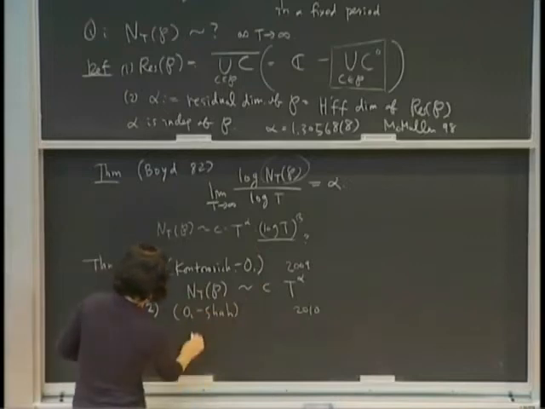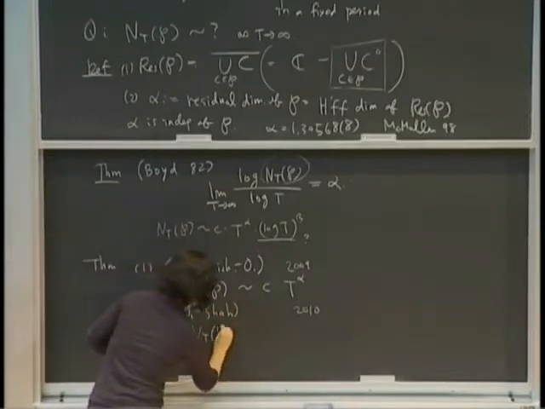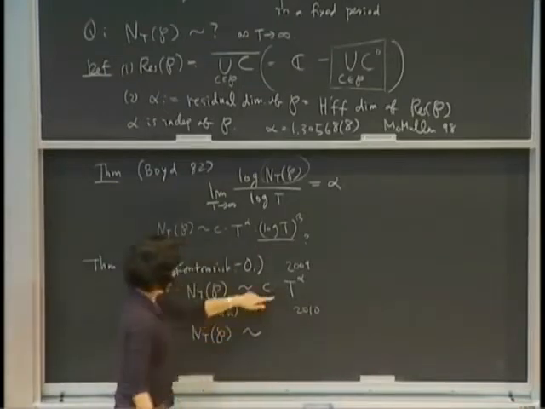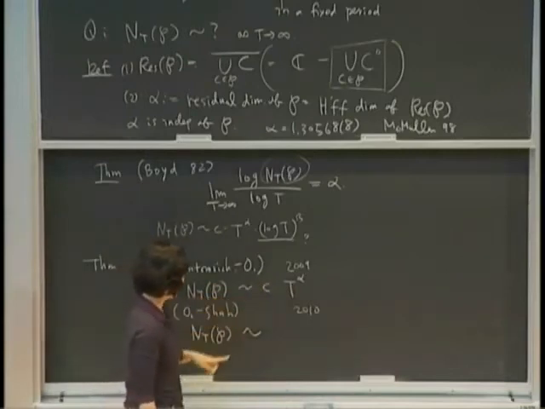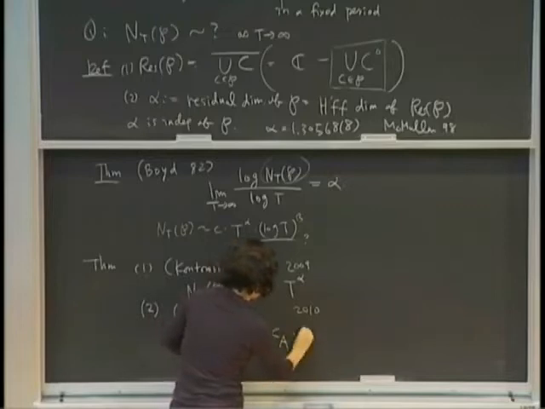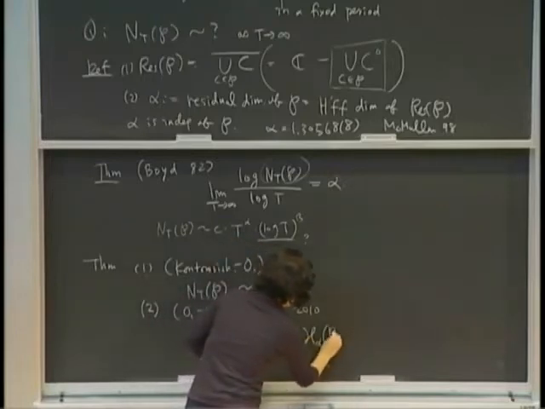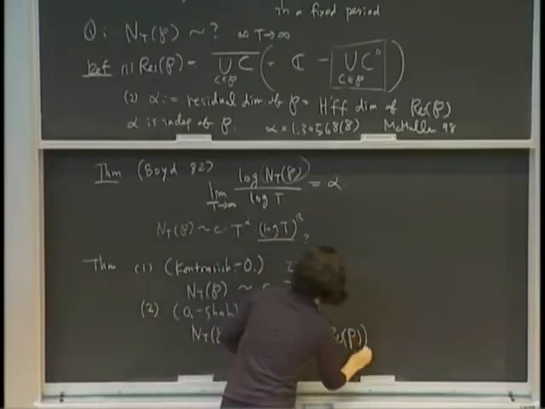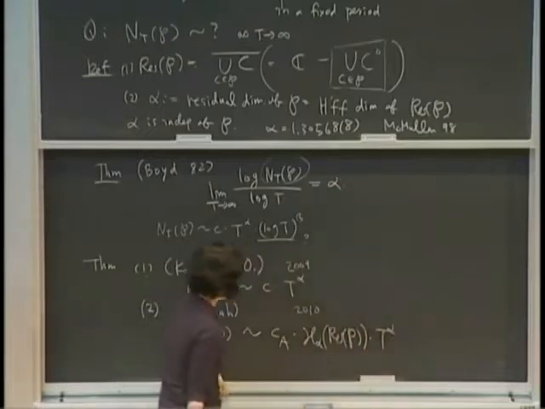And this result says that the contribution of the main term can be stated this way. So there is some constant, C_A, and then H_alpha of the residual set of P times T to the alpha.